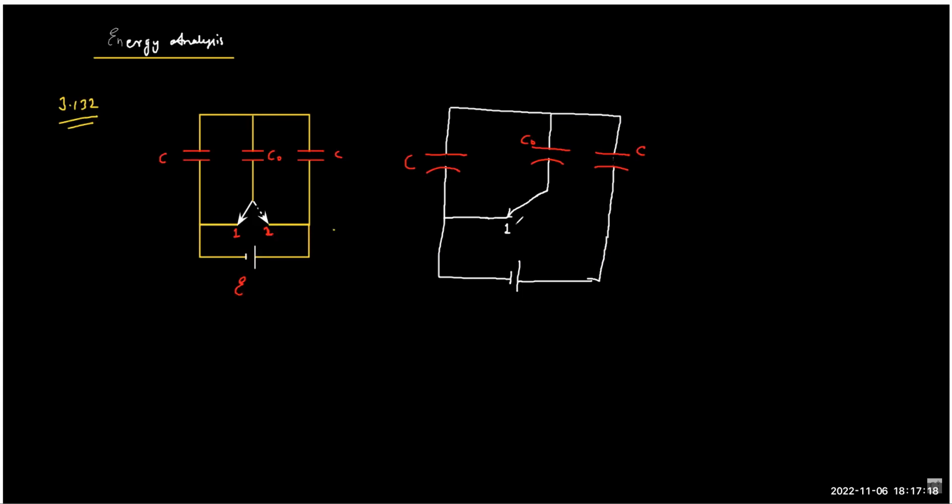So in the first scenario, when the switch is at position 1, we can find the charge distribution by reducing the circuit. We know that the total charge leaving the cell will be C equivalent into E, correct? And why are we using this formula? Because here the circuit is reducible. You can check.